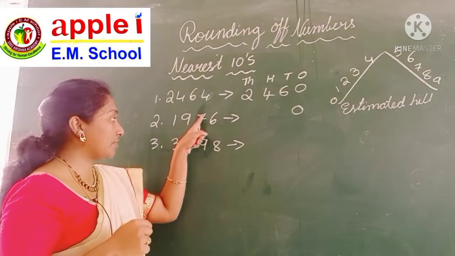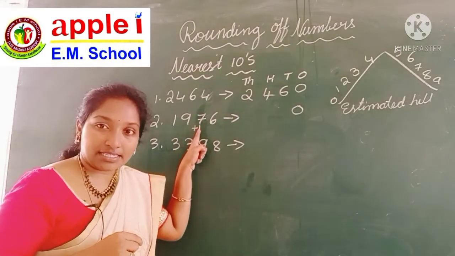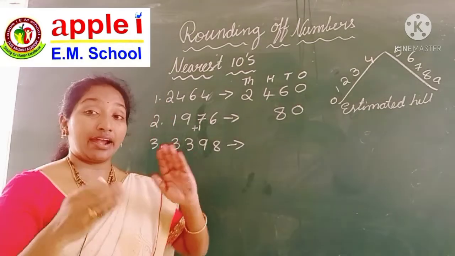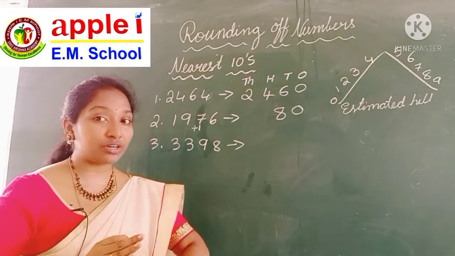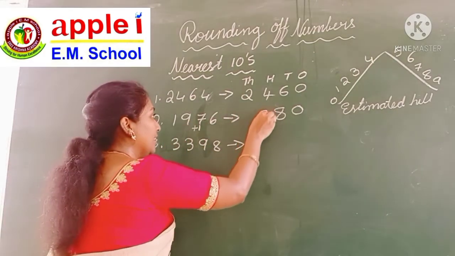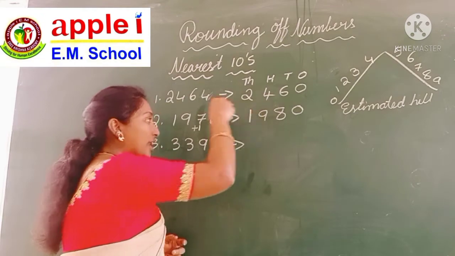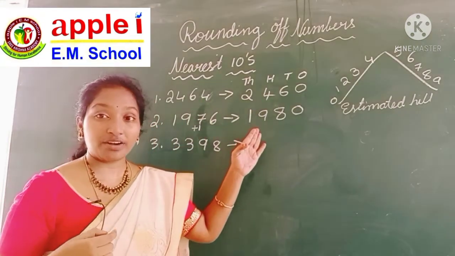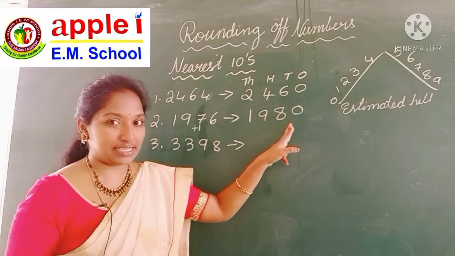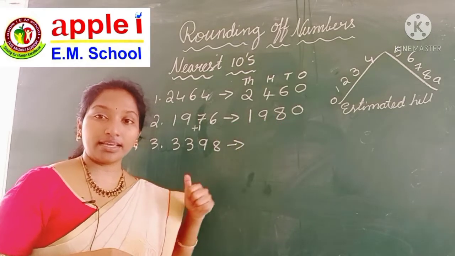See, 7 plus 1 is 8. So we write 8 in the tens place, and the remaining digits we write as they are. Hundreds place 9, thousands place 1. So what is the estimated value? 1980.